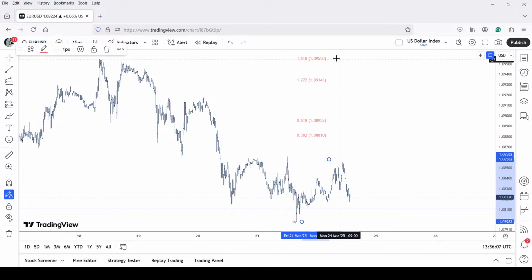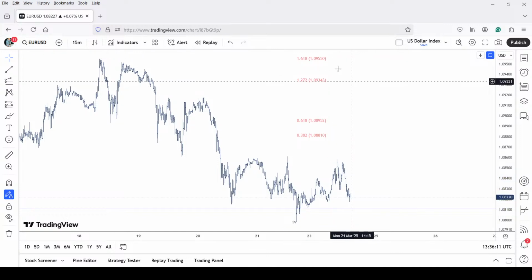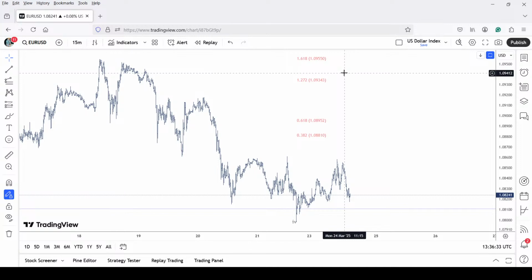So the target for the third wave, it's not an Elliott extension, it's just a simple 3-click target, should be around 1.0955, that is 130 pips higher from here. All right, so let's get prepared for yet another rally to resume anytime from now, or as we speak, as we move into the early NY session.